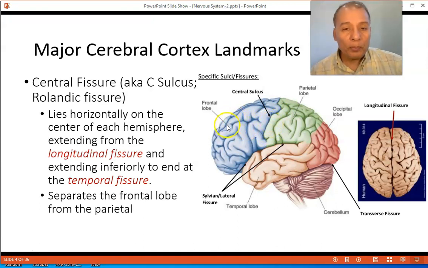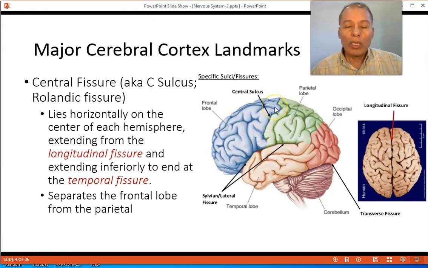So this central fissure, how do we describe it? It is the fissure that extends from the longitudinal fissure superiorly and extends all the way down to the lateral fissure, or the sylvian fissure.